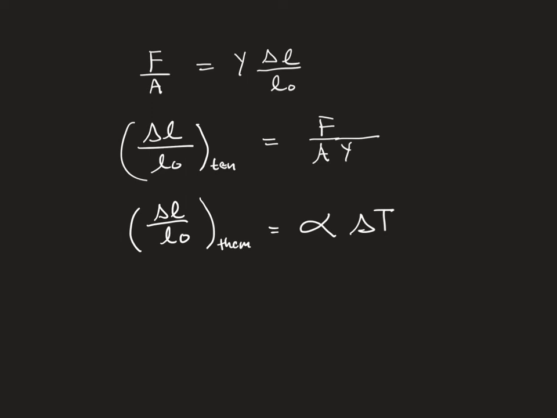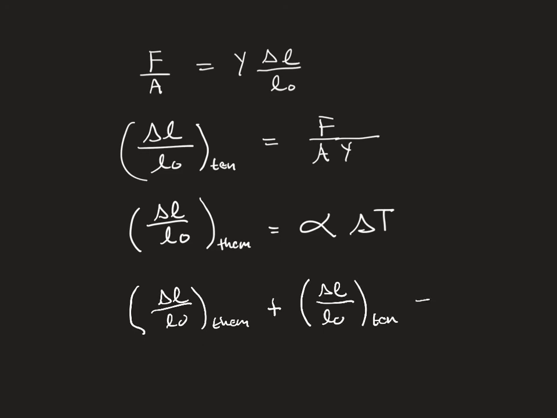So we can say here that the amount that it is trying to expand plus the amount of tensile strain that it's being prevented from expanding under is going to sum to 0 because it's trying to expand and it's getting pushed back from whatever it's expanding against.